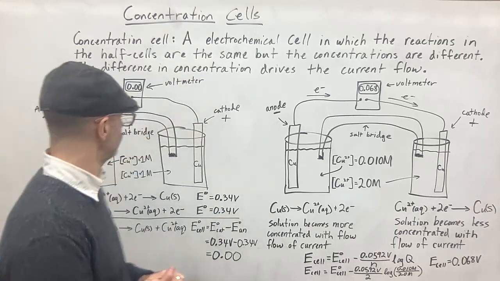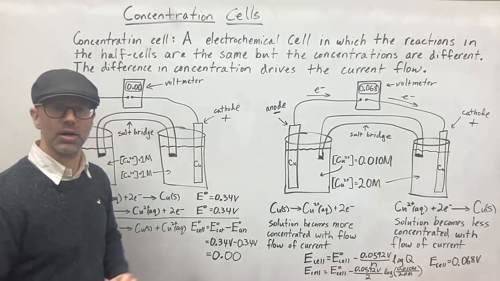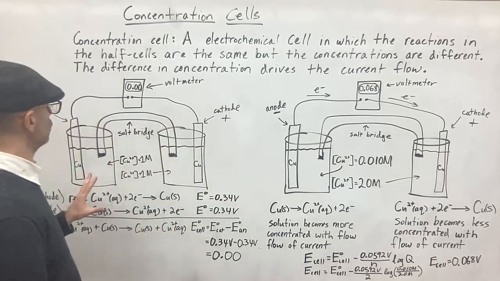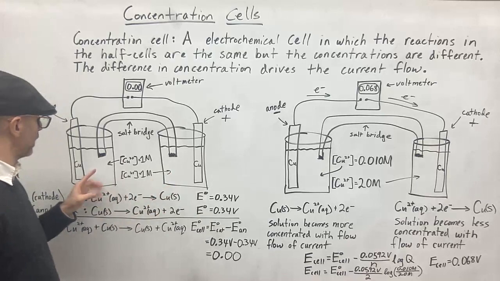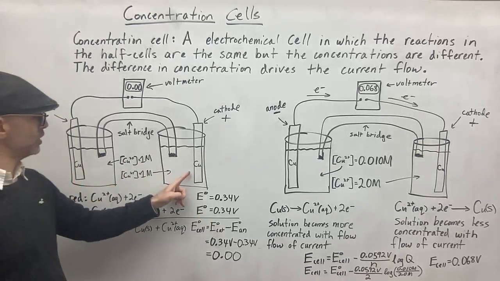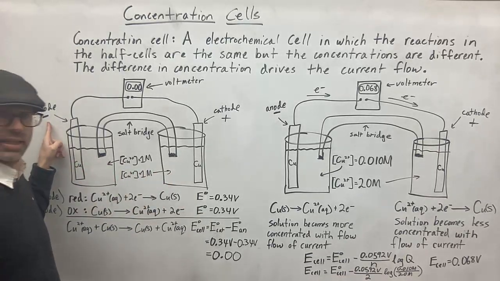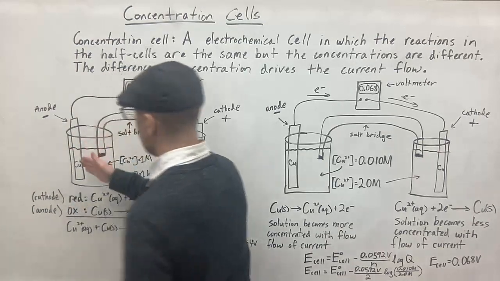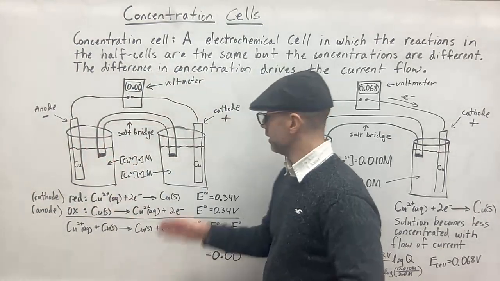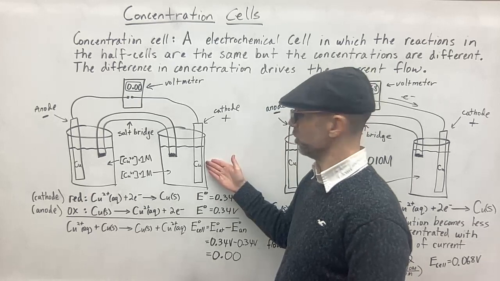So here I have two pictures on the whiteboard. This first picture shows you basically you have two electrodes. Again, you have an anode. The anode is copper, and the cathode is also copper.